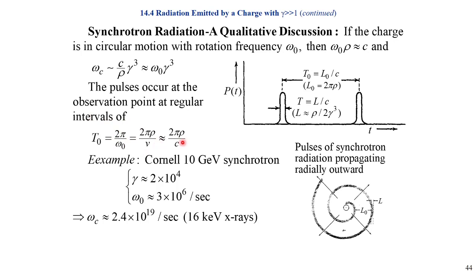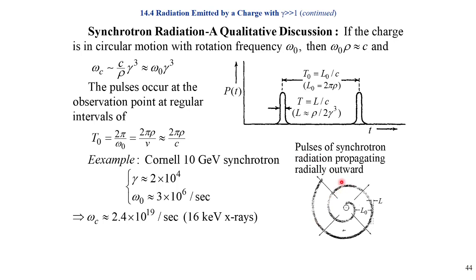Okay, makes sense. So you can calculate the period T0. T0 is for a circular motion with rotation frequency, but actually it's not that simple.